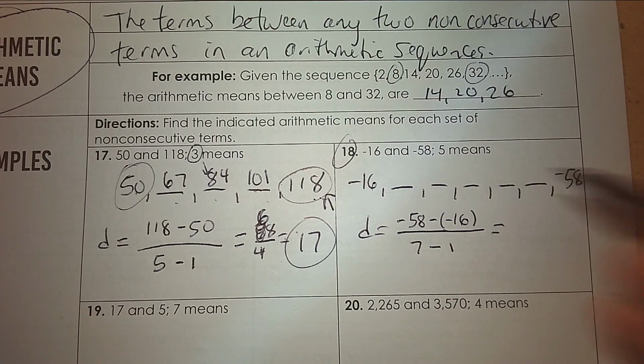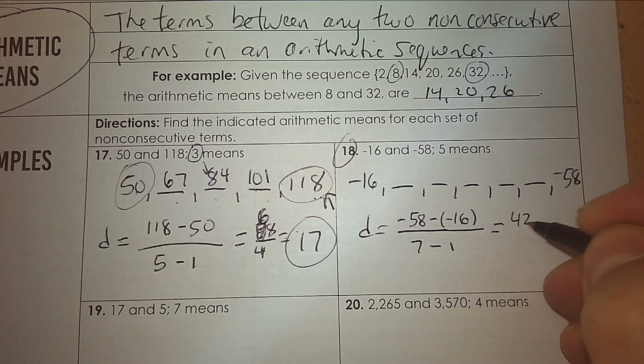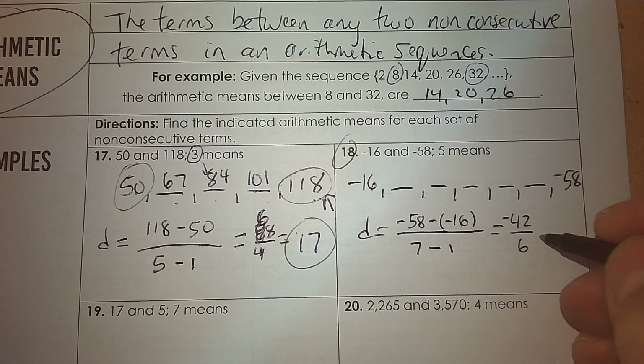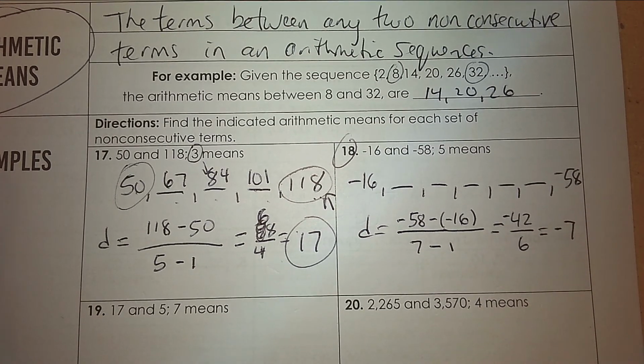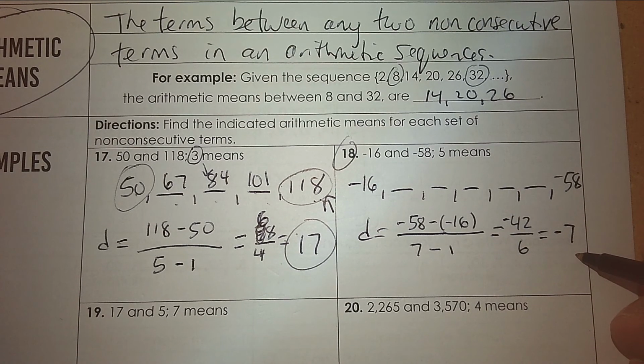So I'm adding 16. See if I can do this right. I think it's 42, and it's negative 42 divided by 6. So the common difference is negative 7. And then subtract 7.